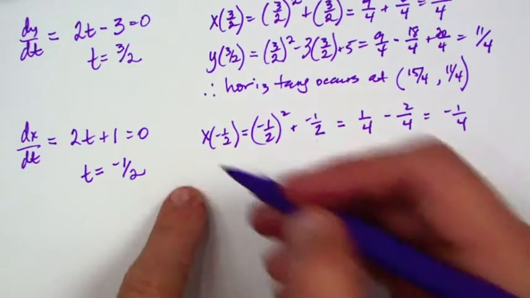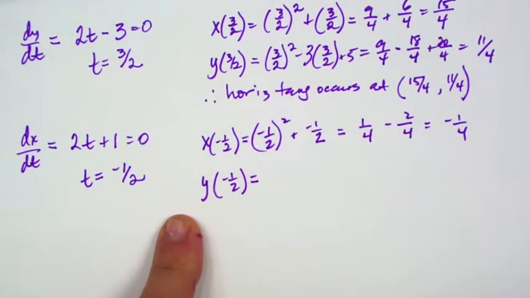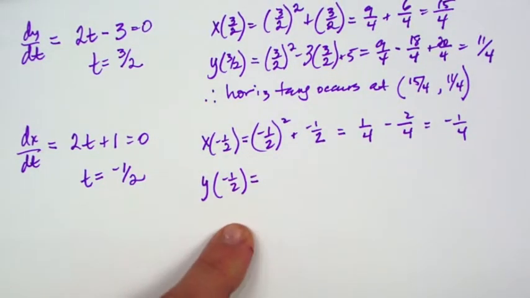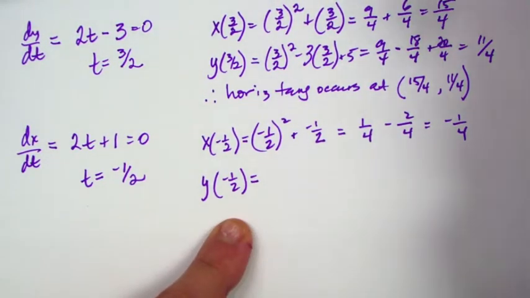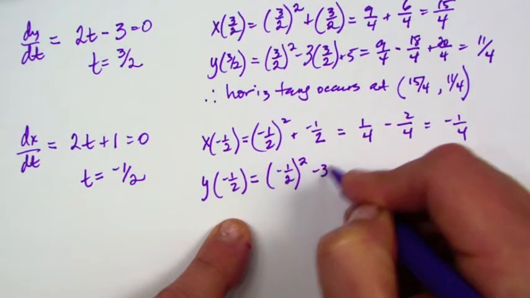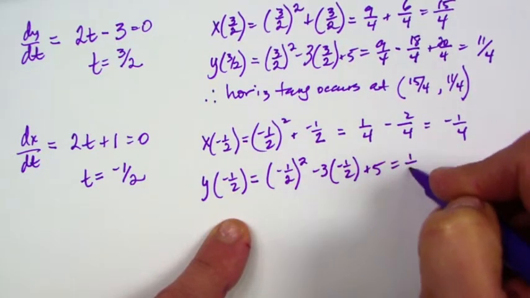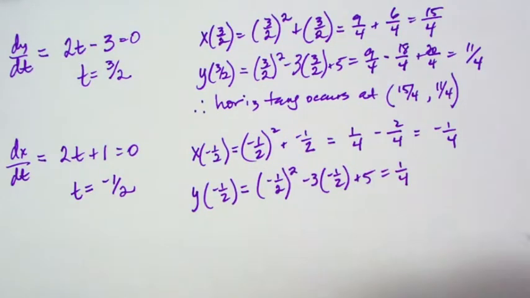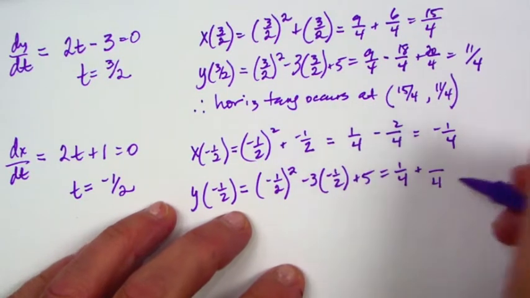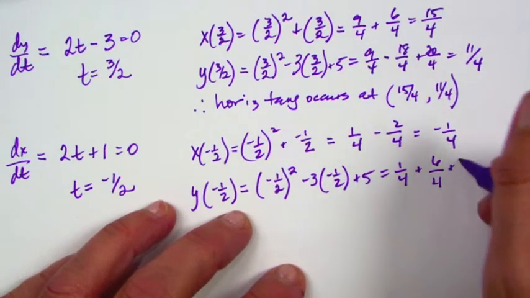That's x of negative 1/2, but then I also need y of negative 1/2, right? So to get y of negative 1/2, I just have to plug that in. So I have negative 1/2 squared minus 3 times negative 1/2 plus 5, positive 1/4 plus 6/4 plus 20/4.